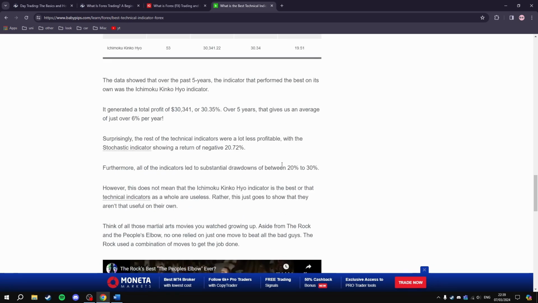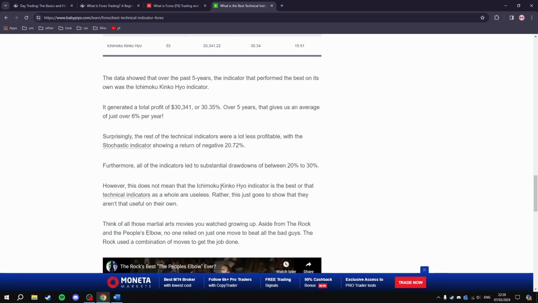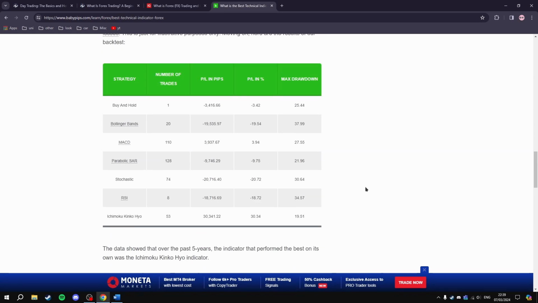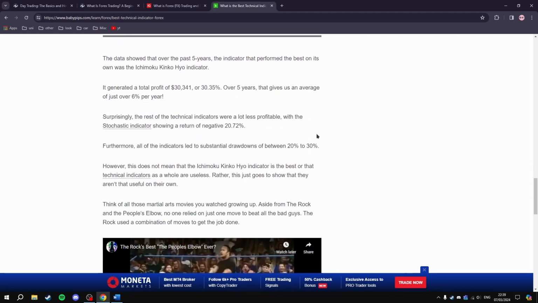But that does not mean the Ichimoku Kinko Hyo indicator is best, or that technical indicators as a whole are useless. Rather, they just show that they aren't useful on their own. So, when using technical indicators, it's best to combine them together and work on from there.